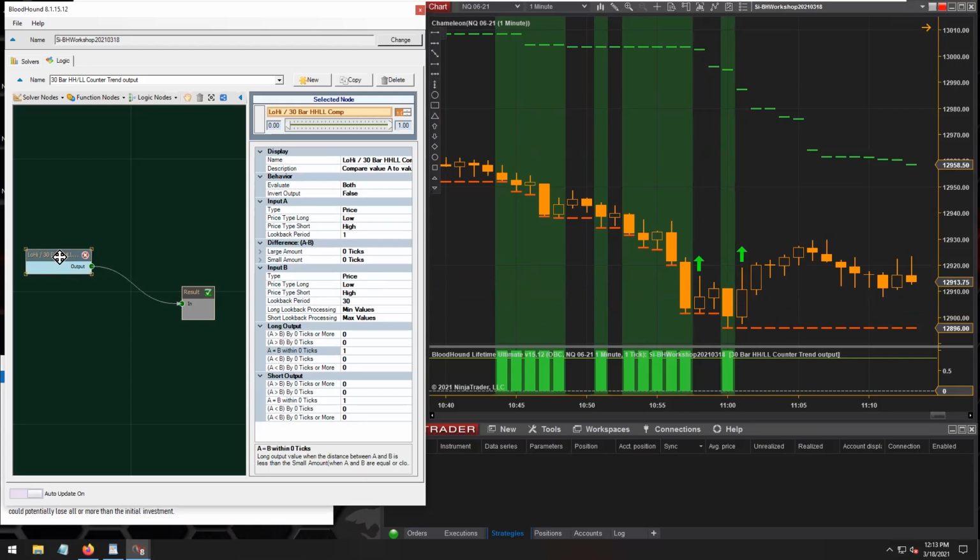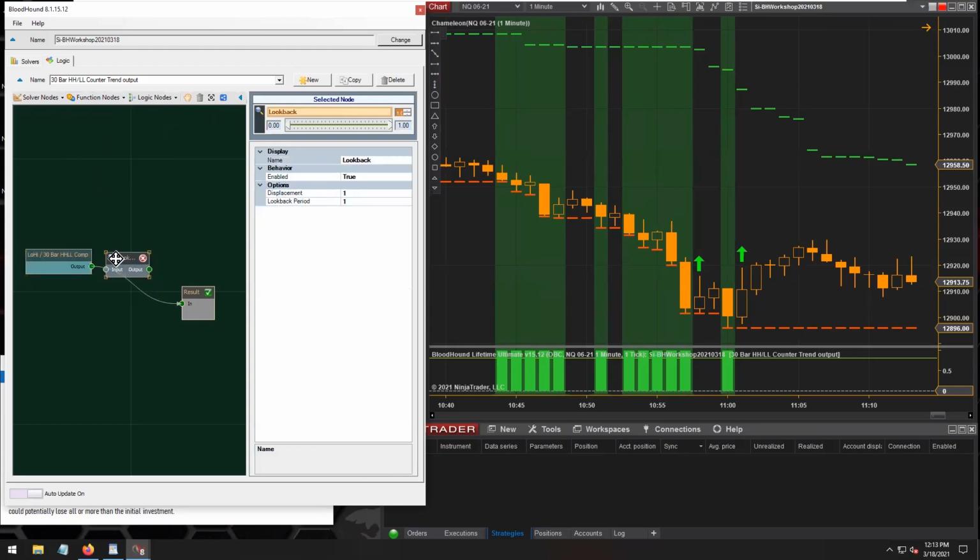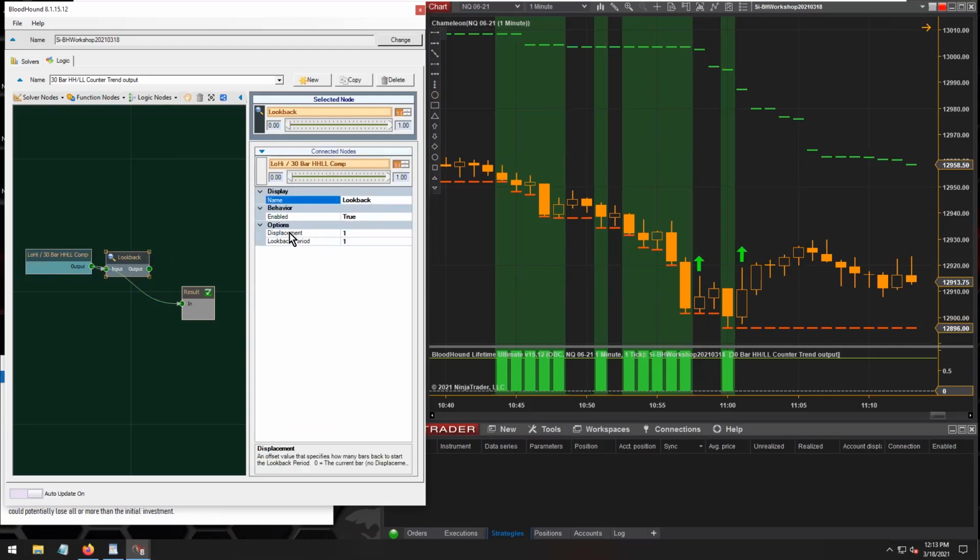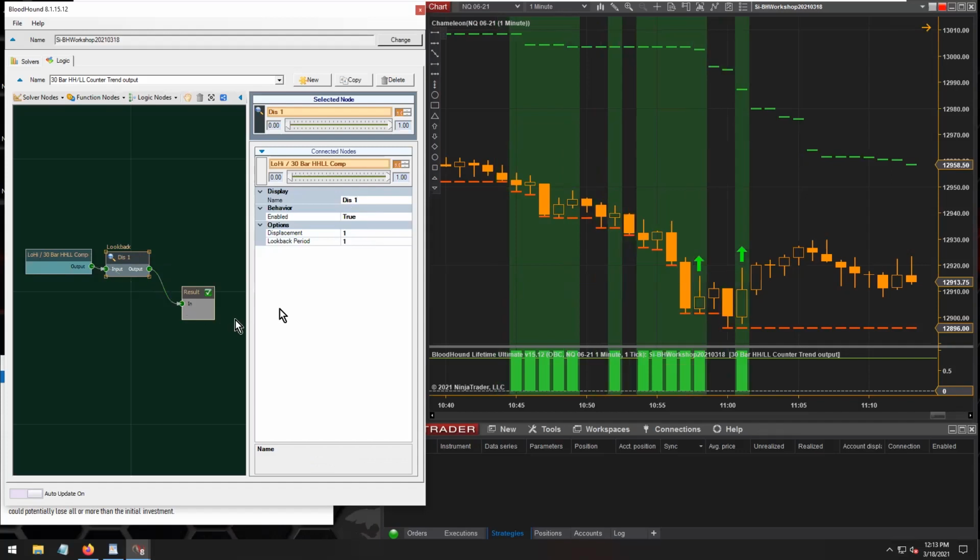So what we're going to need to do is take a look back node, and in the look back node we're using this displacement function. It's already set to 1, so it's already on, and let me just name this. So we're doing a displacement of 1. What that does is it shifts everything forward, right?